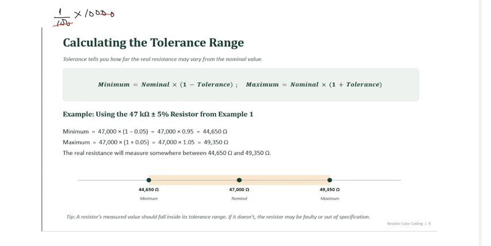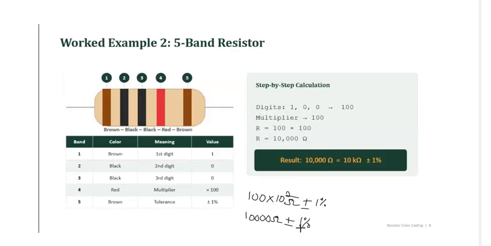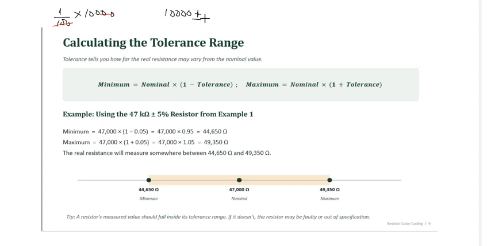So that means this resistance value that we have calculated is like saying 10,000 plus or minus 1%. The 1% here now of 10,000 is what? 100, which you have calculated, plus or minus 100.